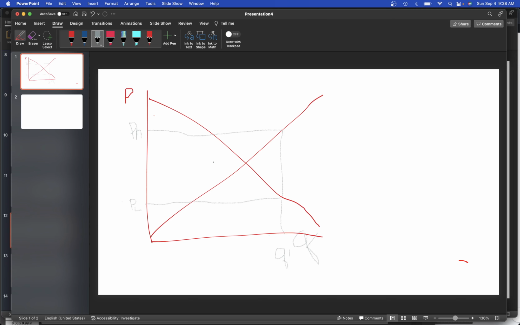Now, we can draw or shade in the areas of producer and consumer surplus, which I can do right now. So this area, which will be shaded in highlighted blue, there's this area here. I want to delete that. There you go.